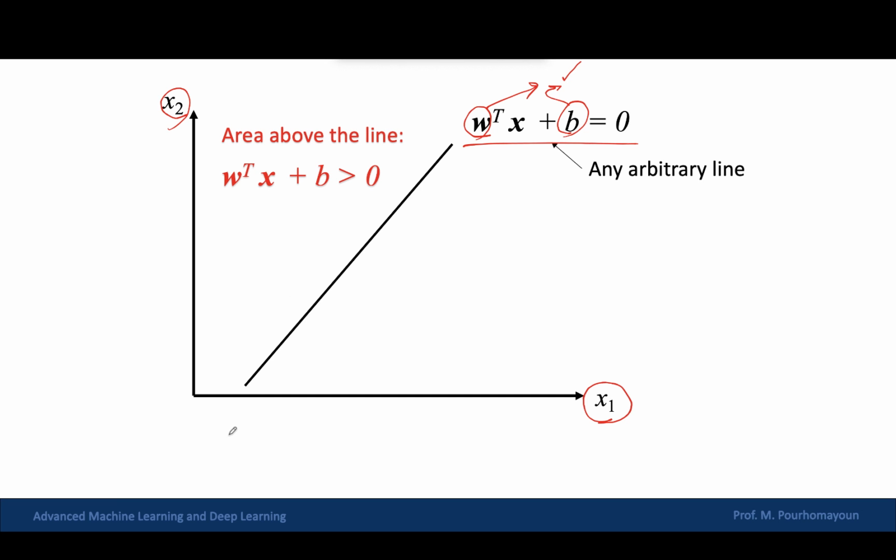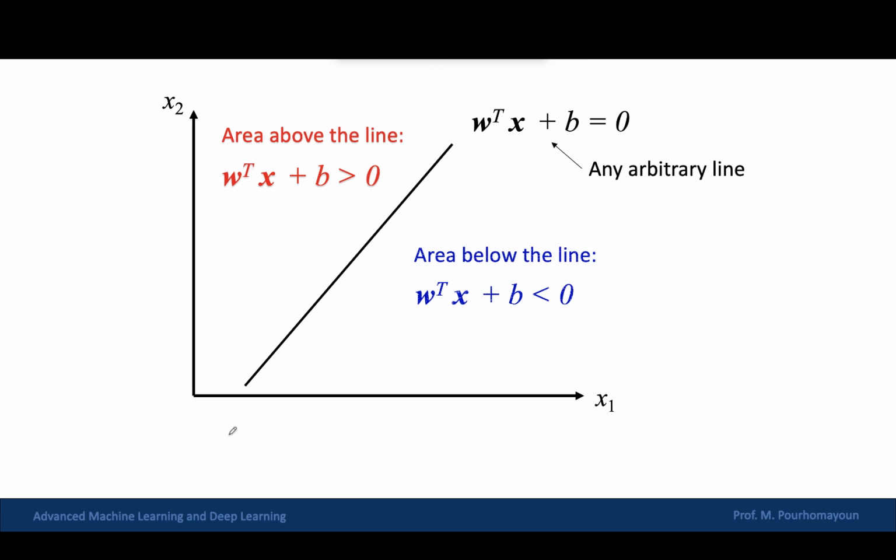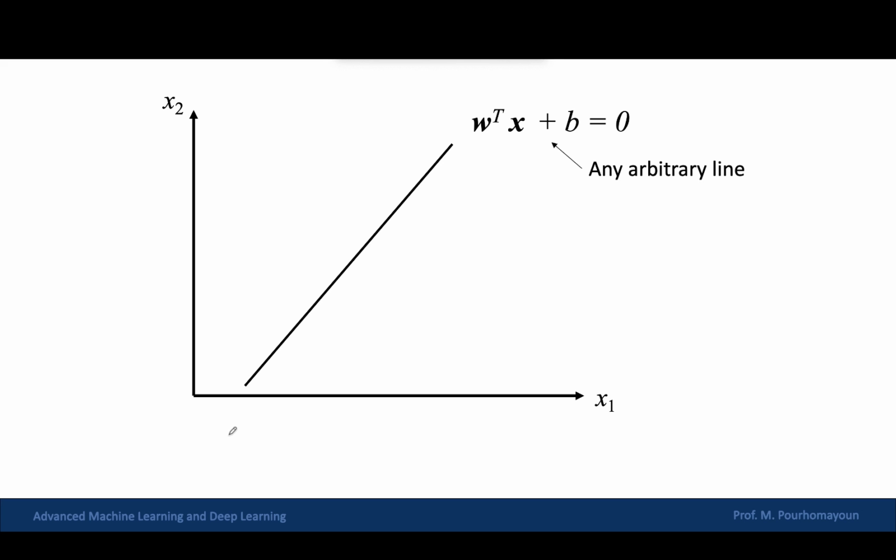So there is a very interesting thing. I'm sure most of you know this, but maybe you didn't really notice that. When you have a line like this, okay, so this is a line. Any point on this line, these samples, okay, they meet this condition.